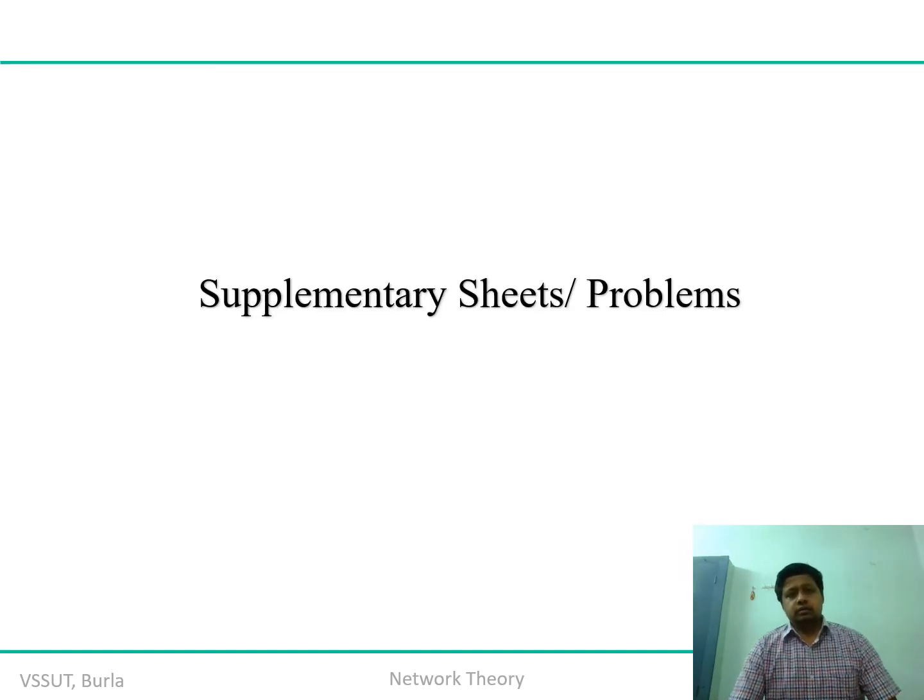Again, some additional supplementary problems are mentioned here, and I hope you will be able to solve these problems. If you find any difficulty, don't hesitate to contact me, or we will meet in the next lecture series. In the next lecture, we are going to discuss the topic we call transients, a very important concept and fundamental aspect to remember in any electrical or electronic network.